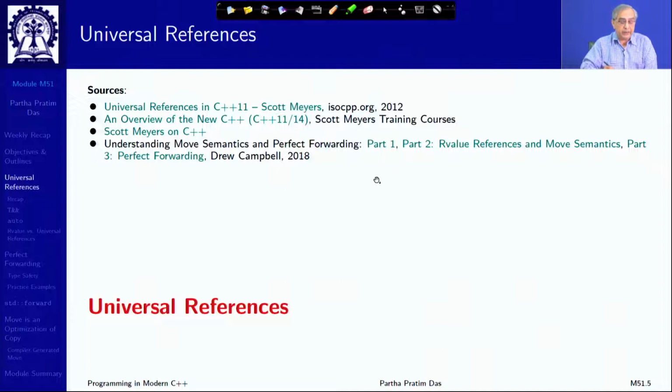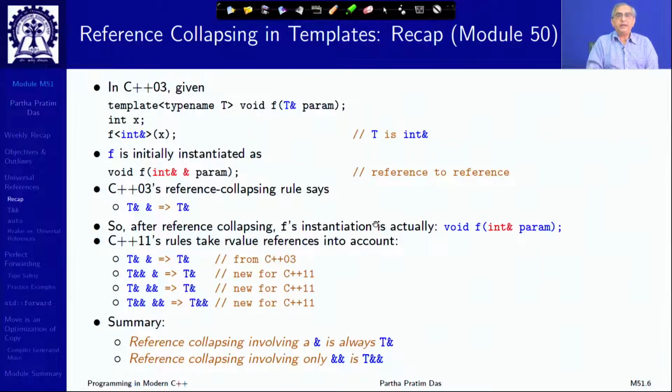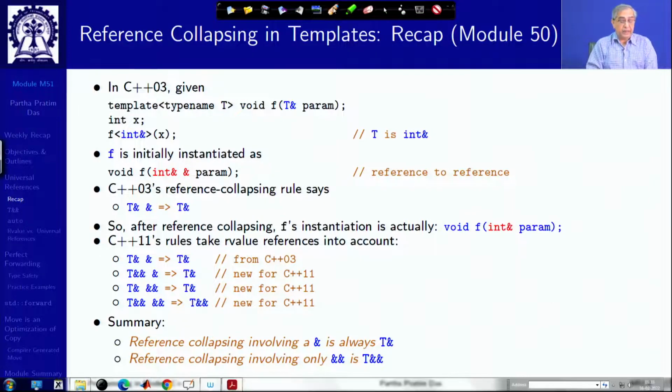So, starting with discussion on universal reference, let me quickly recap a few key concepts that we did in the last module. One is reference collapsing, that is we observed that when we use the template in C++, often we will have multiple references coming for a particular type.